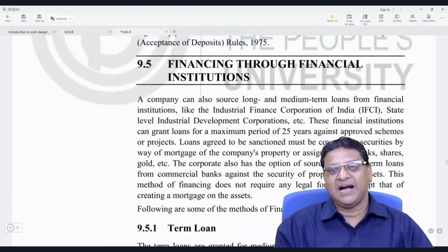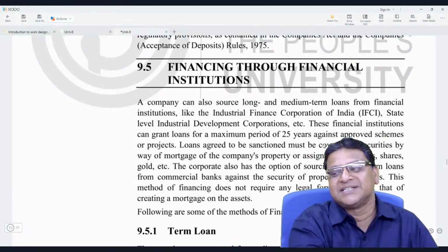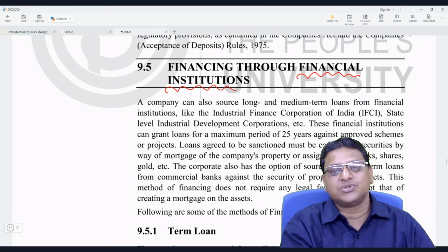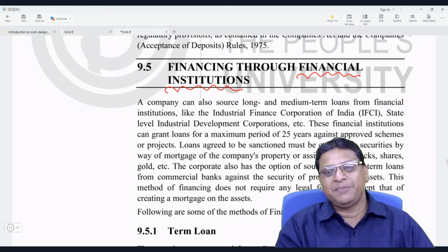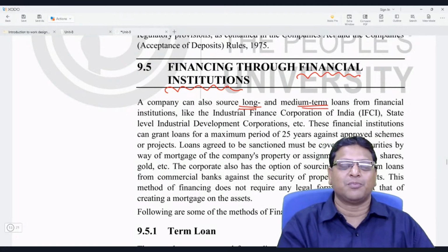Then there is another way of getting short-term or long-term finance, that is financing through financial institutions. In India, there are many financial institutions which provide loans. The loans may be long-term loan, medium-term loan, or short-term loan.